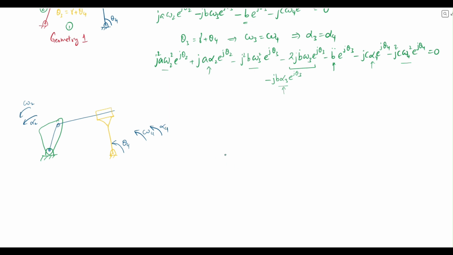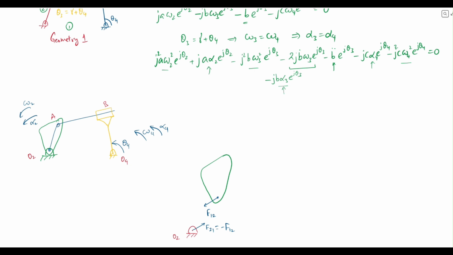We have the crank. We know there will be a joint reaction. So let's say this is O2, A, B, and O4. At O2, we know there is a joint force of the type 2 on 1, and corresponding to that, we have 1 on 2, which will be equal to minus F12.